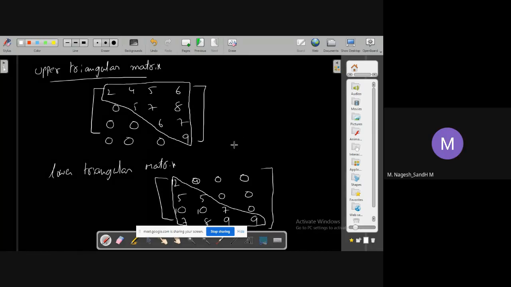So simply, lower elements present is a lower triangular matrix, and upper elements present is an upper triangular matrix. But when you give the definition, we have to say like this: upper triangular means below the main diagonal, all elements are 0. The same way, lower triangular also.